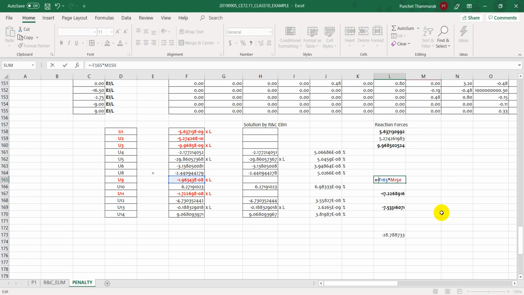And wait a second, you'll be seeing the magic. Okay, we get 60. This has got to be 60 EI over L square, I think.